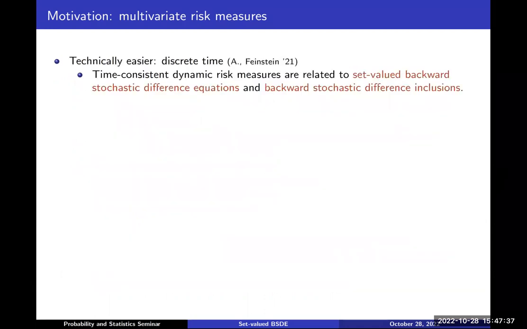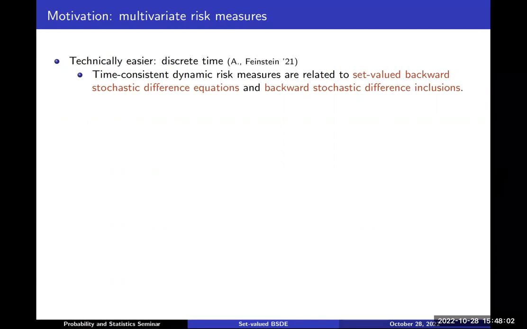If we look at the discrete time case, which is technically much easier because you simply work on a binomial tree or some similar random tree structure, we could characterize set-valued dynamic risk measures in terms of some difference inclusions and difference equations.